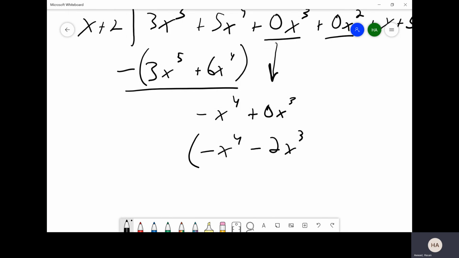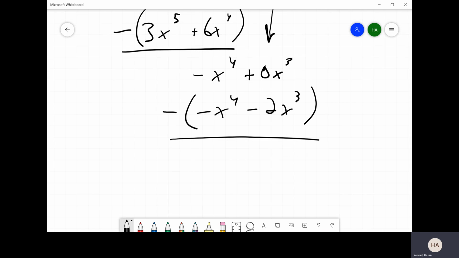Now remember, we are subtracting the whole thing, so that means your signs are going to flip here, right? So instead of it being a negative x to the 4th, when you subtract it, it's a positive x to the 4th, and that is good because we have a negative x to the 4th up here. So right up here. Sorry, I didn't draw the arrow. So now what we have to do is, negative x to the 4th minus a negative x to the 4th is the same thing as negative x to the 4th plus x to the 4th.